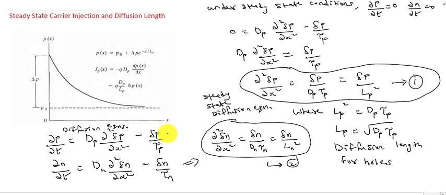Now the solution of equation 1, we can write it as follows. If we consider the steady state diffusion equation, that is ∂²δp/∂x² equal to δp/(Dp τp), which is equal to δp/Lp². Actually, this is the steady state diffusion equation for holes.